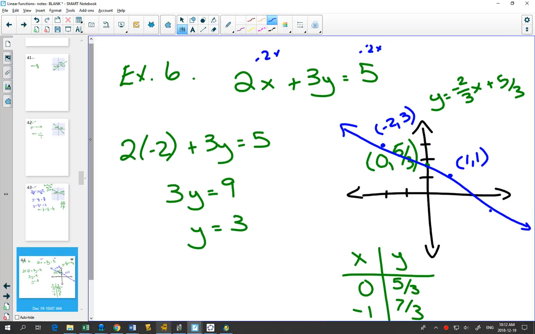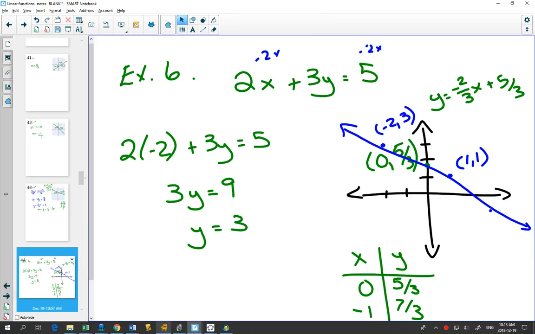What I would do is I would say, what are values of x that I could put in here so that when I subtract them on the other side I get a multiple of 3? Because I'm going to have to divide it by 3 afterwards. So 1 worked. Negative 2 worked. Those are some values that worked. And then your table of values ends up being able to use your slope to graph it nicely.